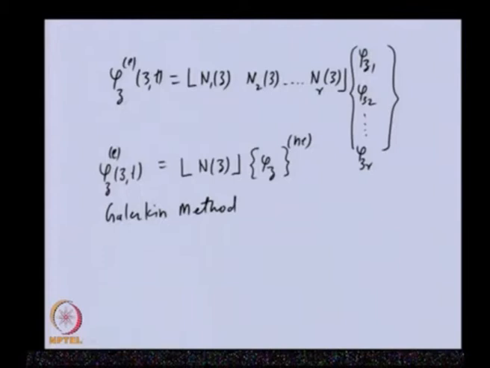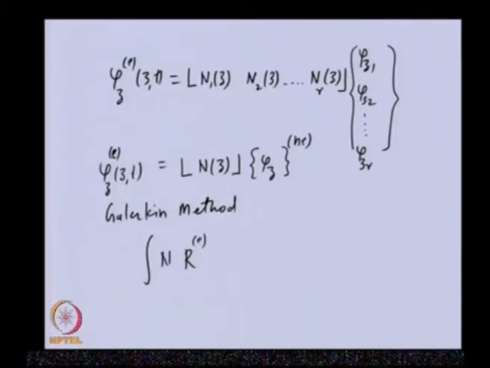In this particular method, whatever residual comes after substitution of this assumed solution in the governing equation, we minimize that residual. Let us say r is the residual for that particular element. We multiply this by some function.